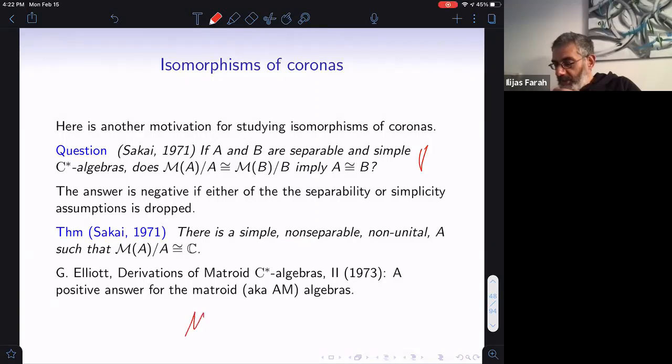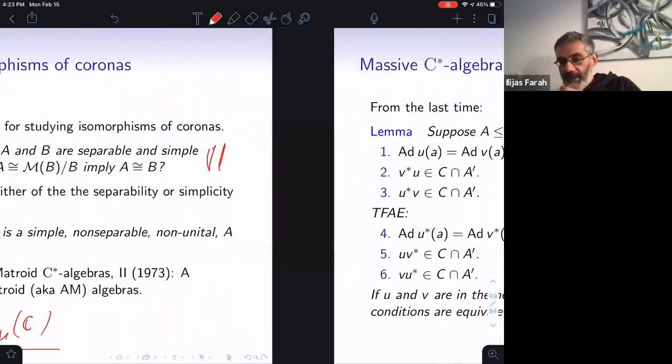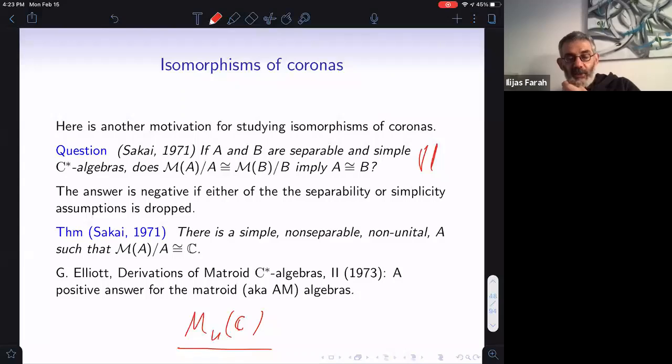These are algebras which are inductive limits of full matrix algebras, but not unital, right? If it's unital, then it's UHF, and the corona is trivial. If you have a non-unital one, then by using essentially K-theoretic methods, Elliott was able to find an invariant which distinguishes between coronas, which puts a sort of obstruction to constructing an isomorphism like this.